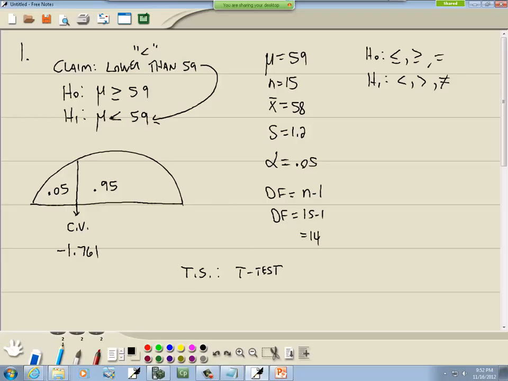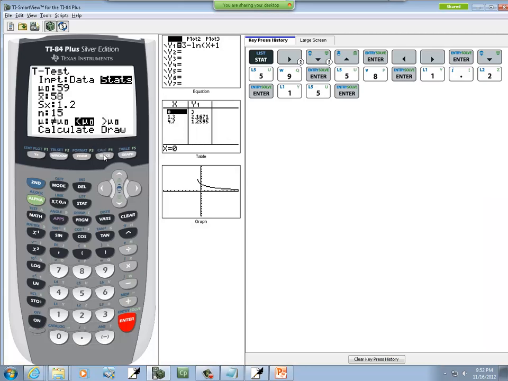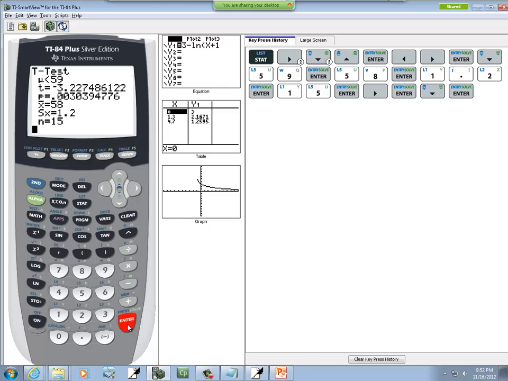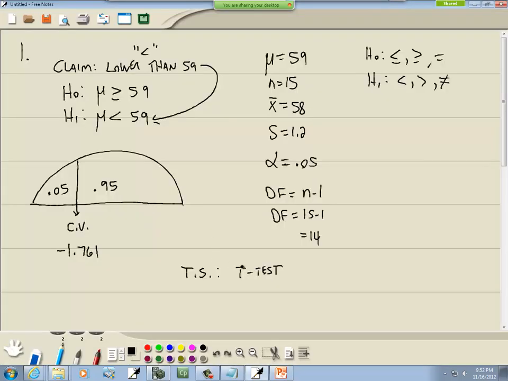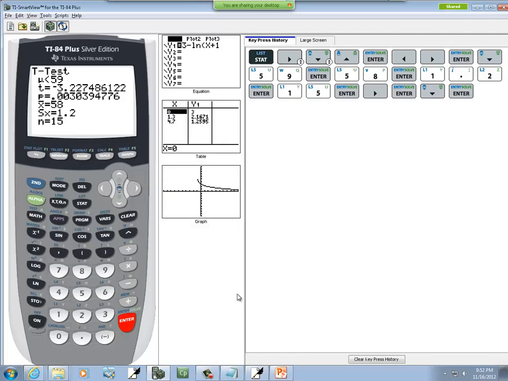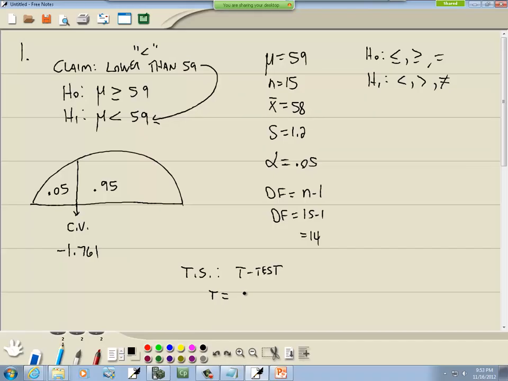And the symbol on H1 is a less than. So you want to right arrow over, put your flashing cursor on the one that's a less than, and press enter if it's not already highlighted. Then down arrow and do enter on calculate. Now the t equals is your test statistic. So for our test statistic, t equals negative 3.23.